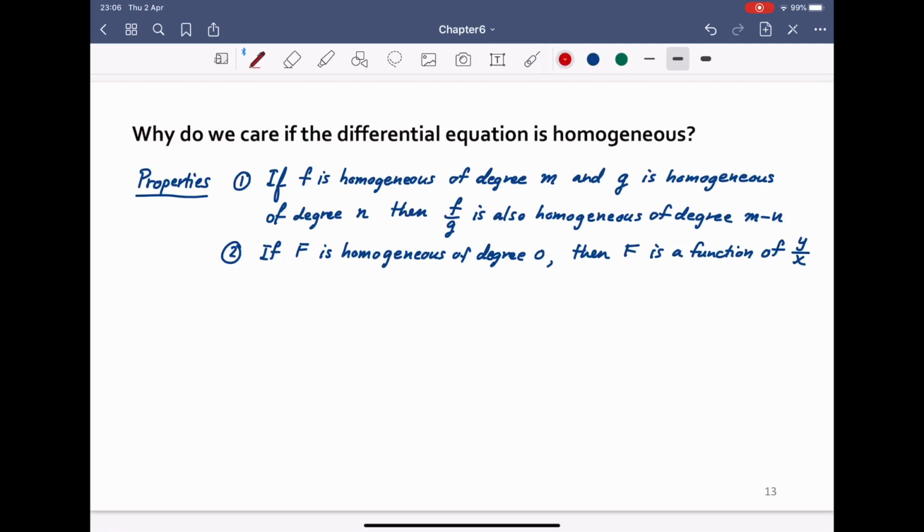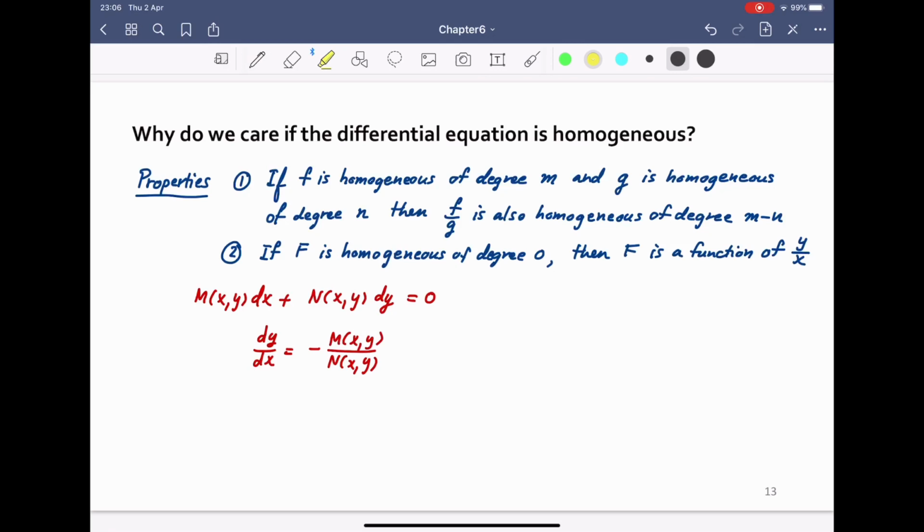So let's take a step back to the homogeneous differential equation. We have M(x, y) dx plus N(x, y) dy equal to 0. If I simplify this, what I'm going to get is dy/dx equal to minus M(x, y) over N(x, y). Now take a look at the right hand side.